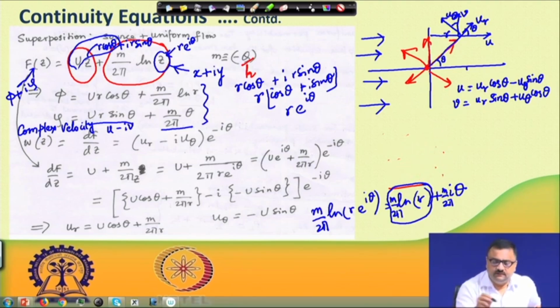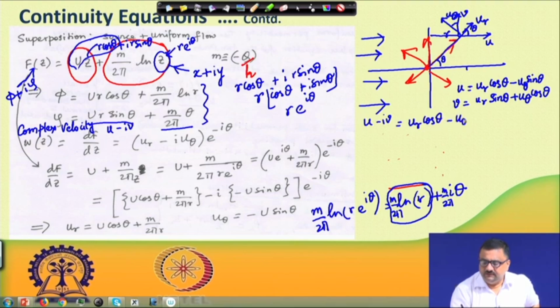We had written that this u minus I v was equal to u r cos theta minus u theta sin theta minus I times u r sin theta plus u theta cos theta.